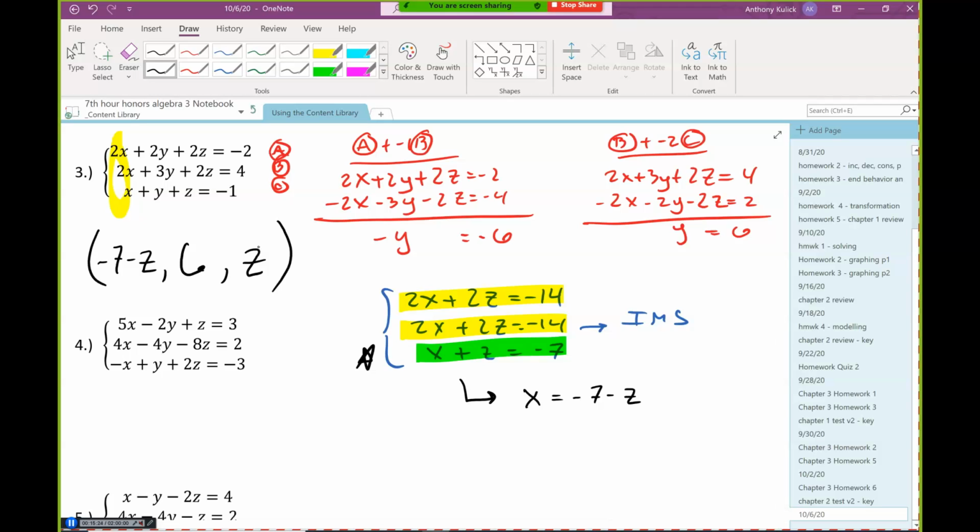So this one's a little different in that for every one of our answers, the y-coordinate is 6, but that's okay. All that tells us is that, if you think about this as a three-dimensional situation, like you have an x, y, and z axis, this solution is a line that's parallel to one of the axes where the y-coordinate is all the same.